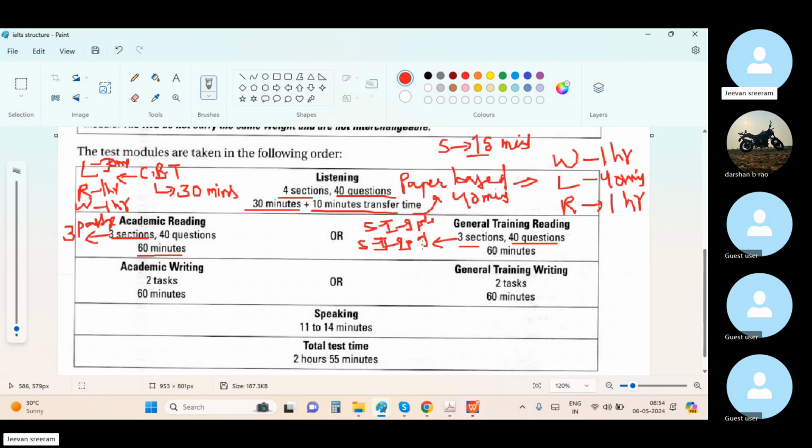Each passage is followed by 6 to 7 questions. Section 3 is the only section in general training reading that contains a single passage followed by 14 questions. So section 1 again 13 questions, section 2 again 13 questions, just like the academic module, right? But the number of passages you will see in general training reading is more, right?